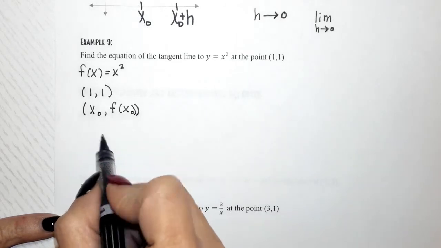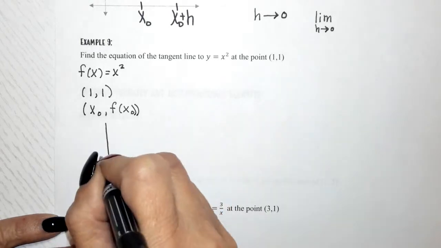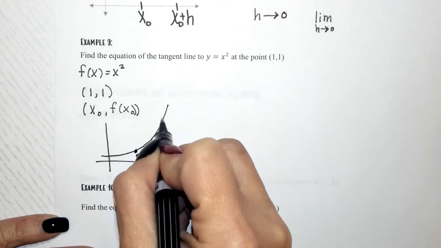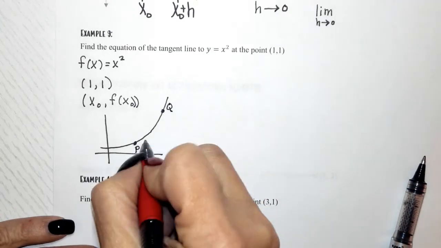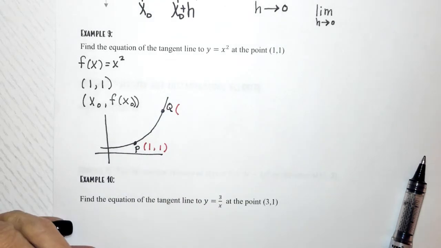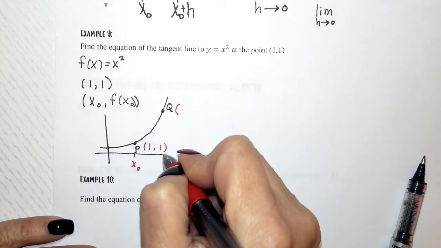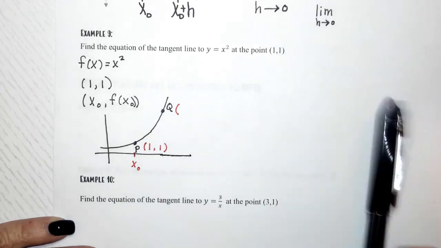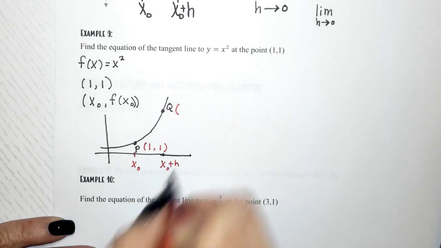So I'm going to come over here and graph this like this. I'm going to put P right here, and I'm going to put Q. I always label these because it helps me whenever I do it. So P is (1, 1), and I think about what Q would be. Remember, this is going to be x naught. If I were to go out here just a little bit more, this would be x naught plus h.